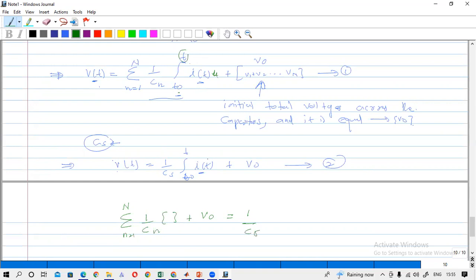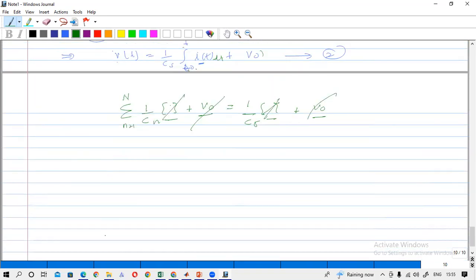The same value should be there, because here also you integrate from t naught to t of i(t) dt, and you get the same result. So this result and this result are equal, and the V naught and V naught cancel out.